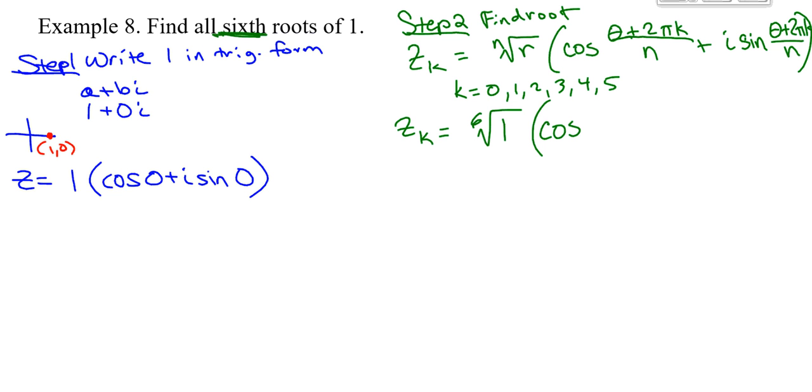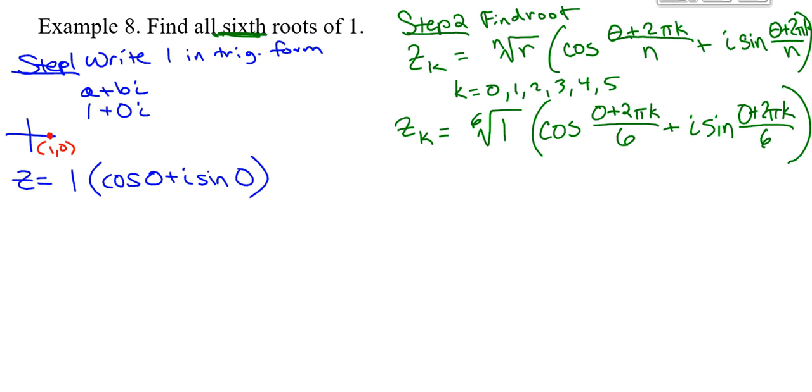Cosine, since our theta is 0, 0 plus 2 pi k over, what's n? 6, plus i sine 0 plus 2 pi k over 6. And you'll see what happens as k goes from 0 to 5. It's just going to work us right around the unit circle as we go.